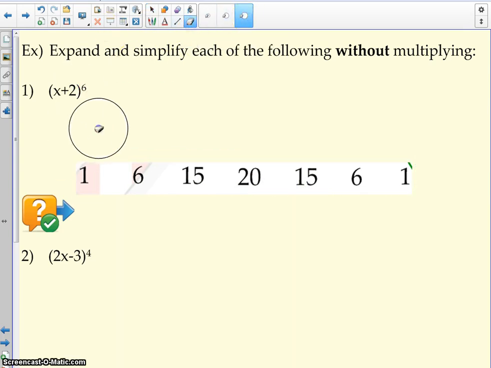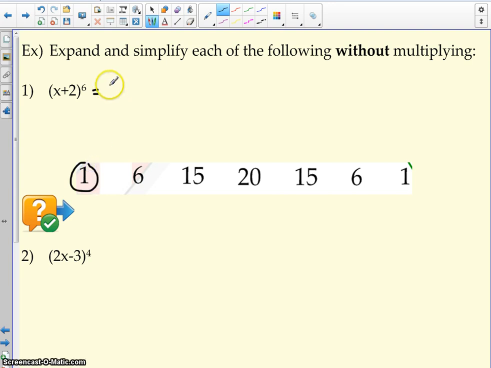So let's take a look at how that's going to work. For my first term, start with the coefficient. The first coefficient is 1. I'll write it in there, even though when I simplify it later it's going to disappear because you're multiplying by 1, just so you see where everything comes from. Then I take the first part of my binomial, which is x in this case, so it's going to be x to the exponent 6.